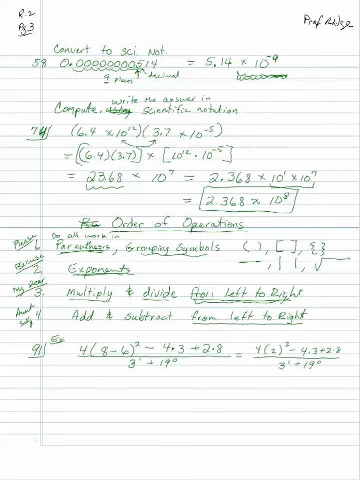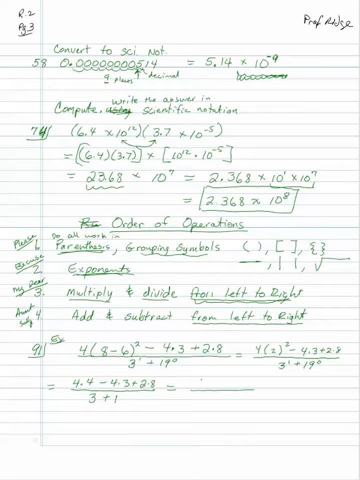So now on top, I'm going to do the exponent, same thing on the bottom, so 4 times 4. And then on the bottom, I'm going to do 3 plus 1 to the 19th, which is just 1.